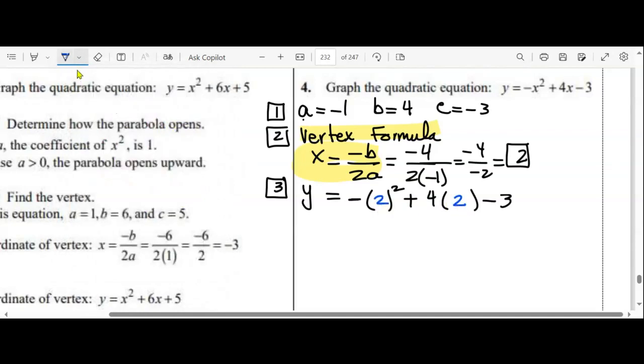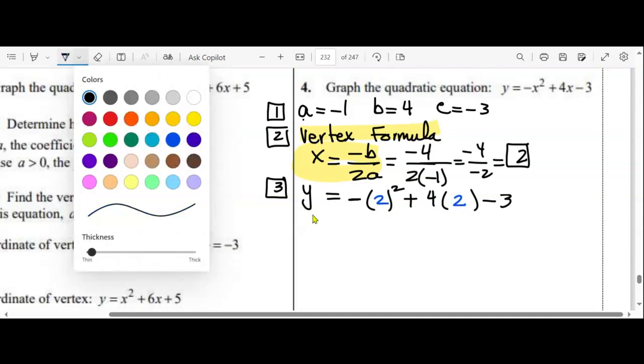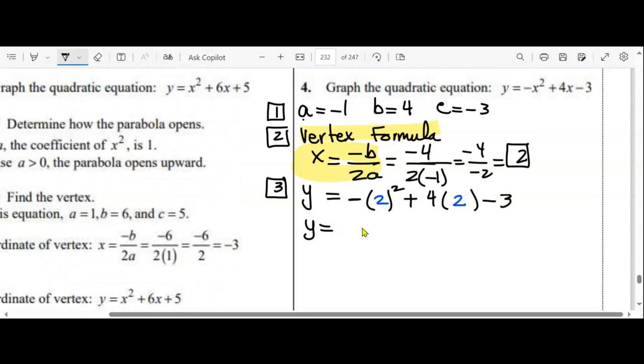By 2. So y equal what? Negative 4 plus 8 minus 3. Yalla, can somebody help me how much this will be? What is the answer? Yalla, fast. Badr, Muhammad, Omar, equals 1, right? Equal 1.